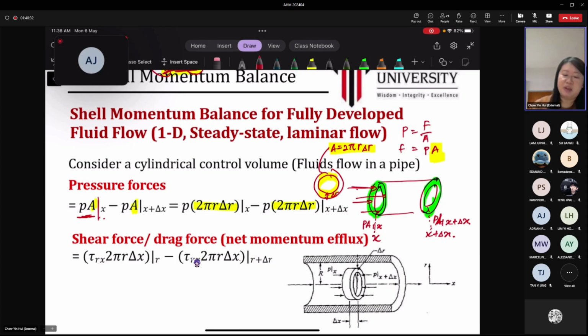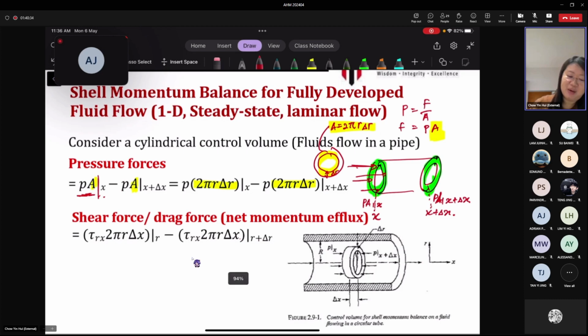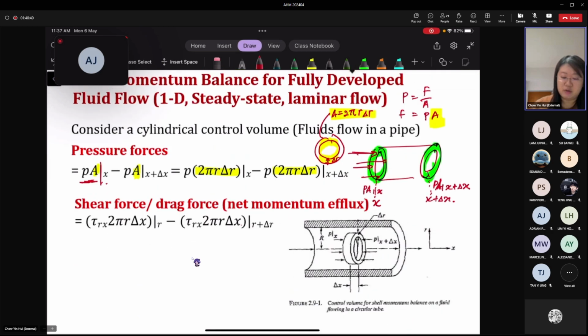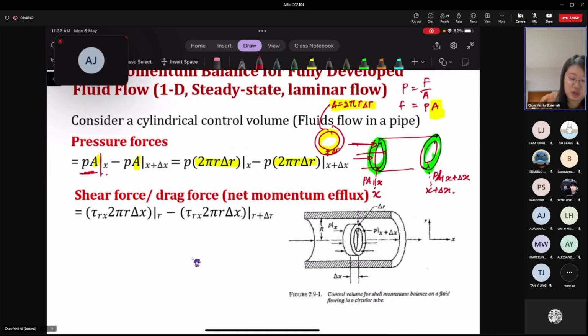Then another one. Here we have analyzed that there would be pressure force and shear force that act on the differential size. For the shear force, the same ring just now, the area at which shear stress acts.